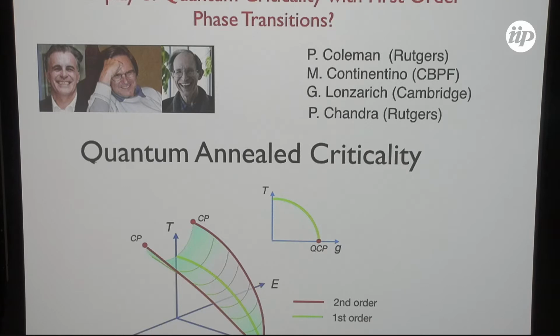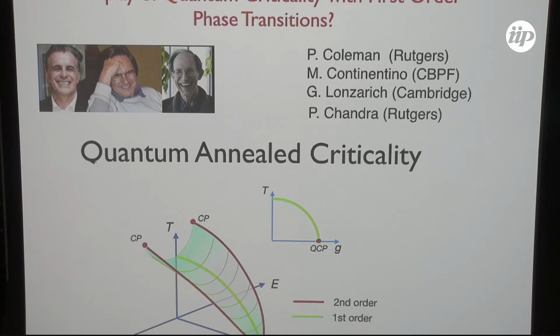In a nutshell, we found the following phase diagram. If we look at temperature, and then if G is a quantum tuning parameter, for example pressure, and then we have a field that's conjugate to the order parameter, in the case that we'll be discussing, the order parameter is polarization, so electric field, what we find is we have a line of first-order transitions, and we can get classical critical points if we apply fields parallel and anti-parallel to the order parameter.